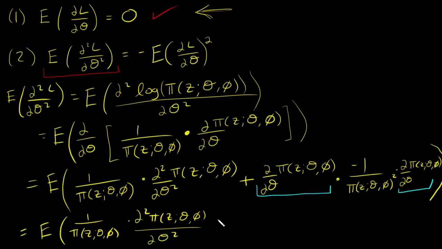I'll pull that negative sign out front, so I have minus instead of plus. And then I have 1 over the density function squared, or actually since both of these are squared, I'll use large parentheses to square both.